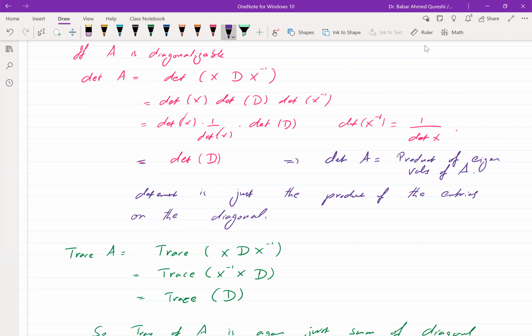But I'm claiming that on the diagonal of D, it's just the eigenvalues of A. So the determinant of A is just the product of eigenvalues of A. Similarly, the trace of A is just the sum of eigenvalues of A.